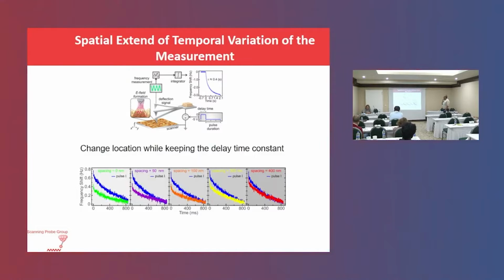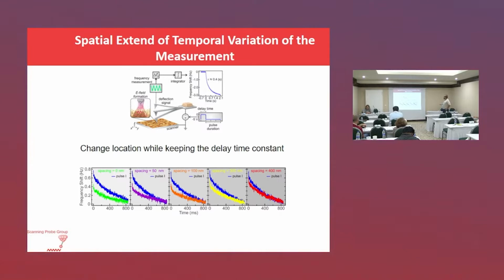The next effect that we looked into was the spatial extent of this temporal effect. Particularly, we found two different surface spots with similar time-dependent properties, and then we increased their distance. We had two similar spots within the order of 400 milliseconds, and then some other spots with 50, 100, and 300 nanometers separation between our reference points. And then we kept this delay time as a short delay time.